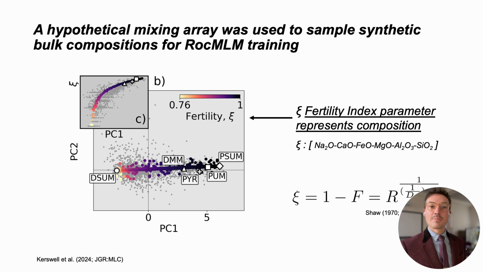And for each one of these hypothetical mantle compositions, we calculate what we refer to as a fertility index, which represents how much that rock has been melted. Now, this fertility index is a single scalar value that essentially represents the rock's bulk composition, and this is what we use to train our machine learning models.